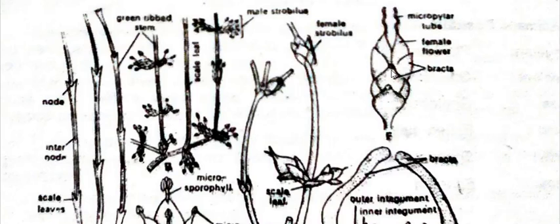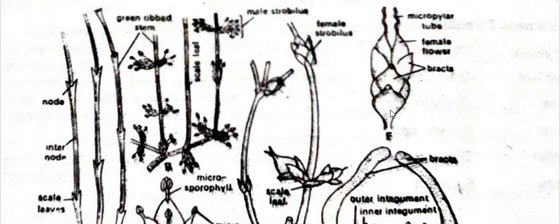Then the third pair is again present at right angle to the second pair, and its position is like the position of the first pair of bracts, and then the fourth pair of bracts is again at right angle to the third pair of bracts, and in this way all these bract pairs are decussately arranged, meaning these are opposite to each other, and the direction of each pair of bracts is at right angle to the pair of bracts present just below it.